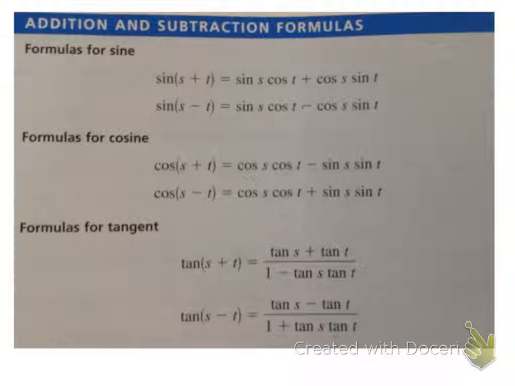Geotrig, we are going to talk about trig identities day 3, or the first day of the addition and subtraction formulas. These are the formulas, and these formulas, guys, work both ways.